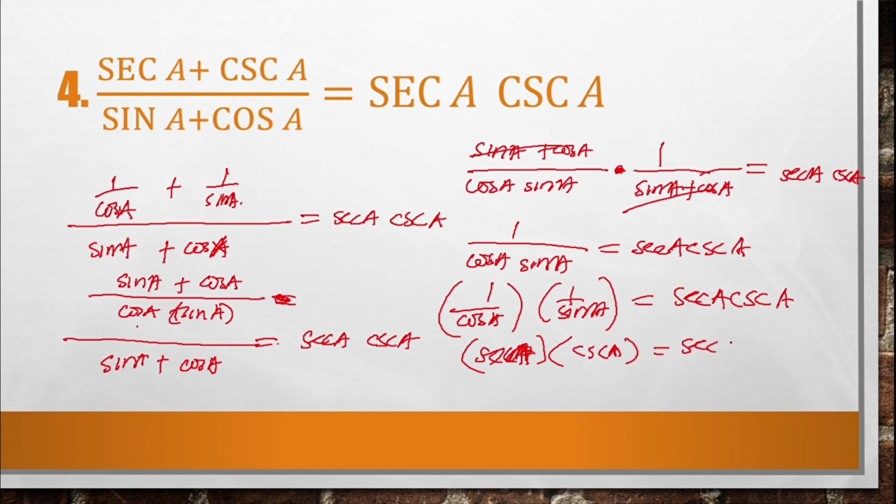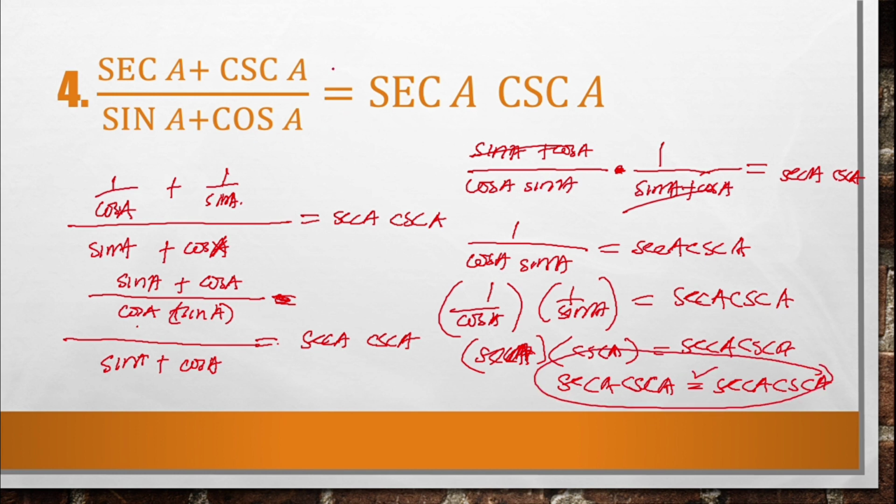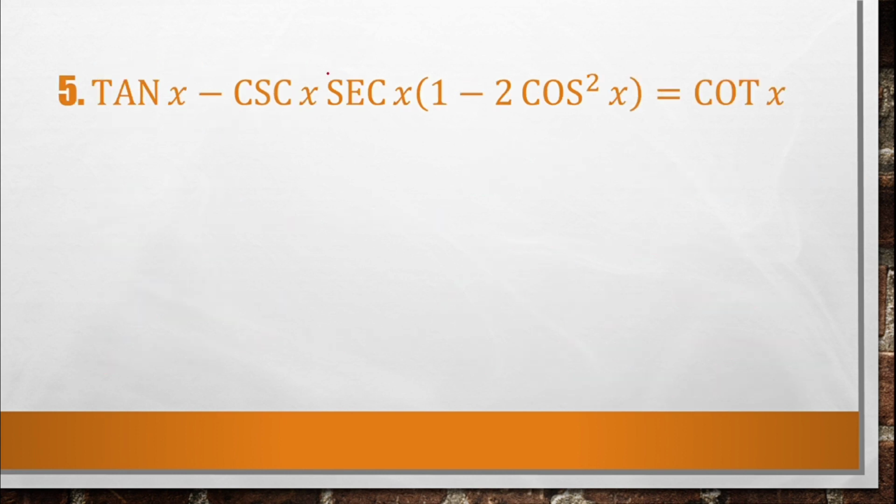So therefore we have here an identity. So we have here sec a cosecant a is equal to sec a cosecant a. So check. So therefore, this is an identity. So that's number 4.